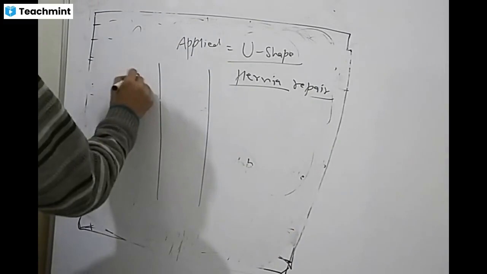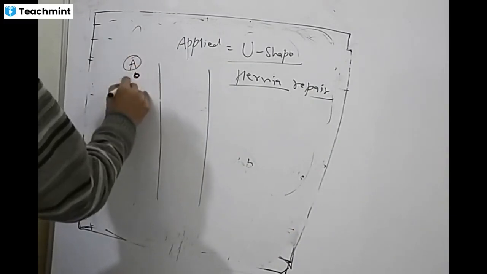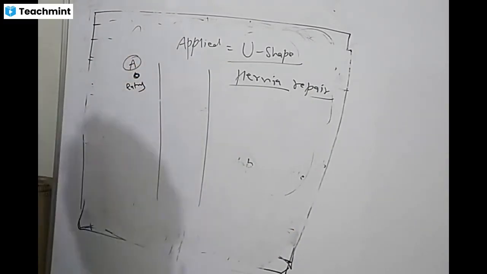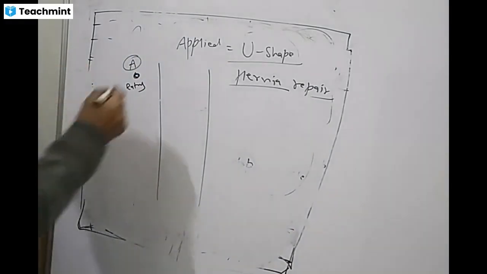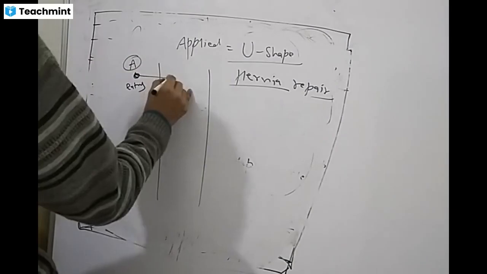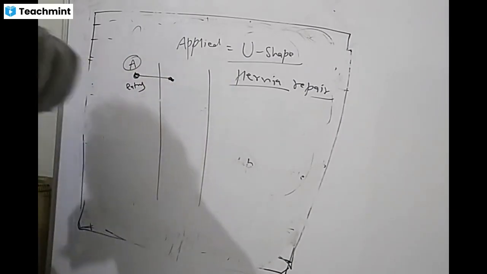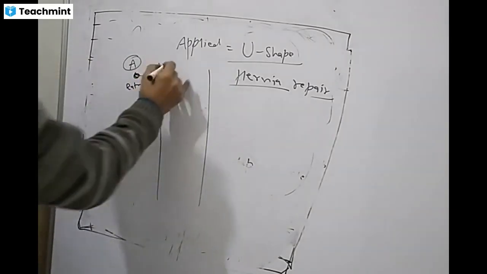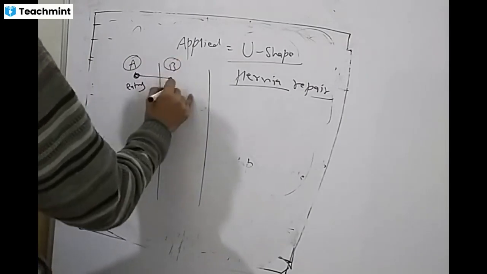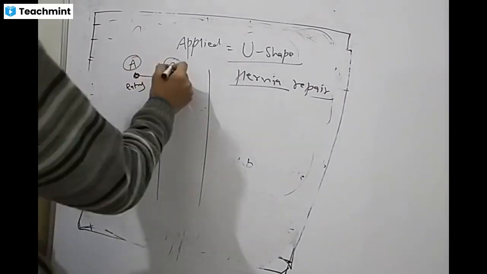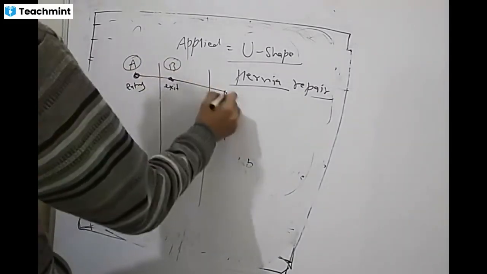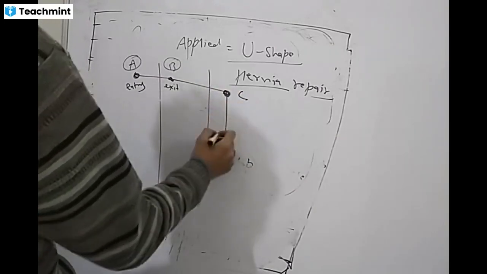We start from here. This is our A, that is the entry point. Then point B, here we exit. After exit from this point, we come to point C.